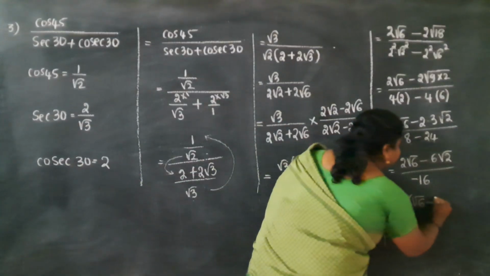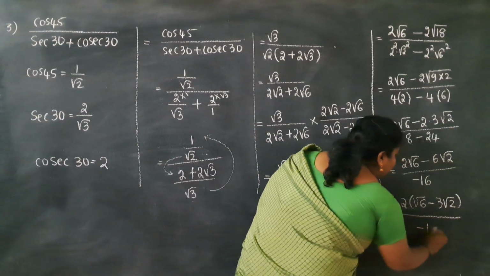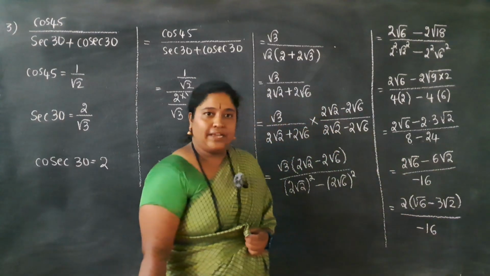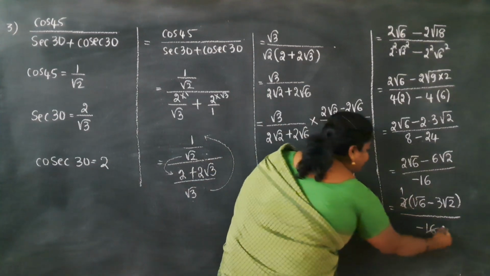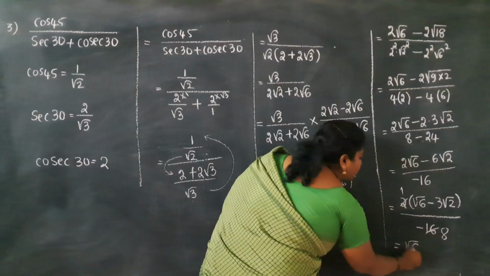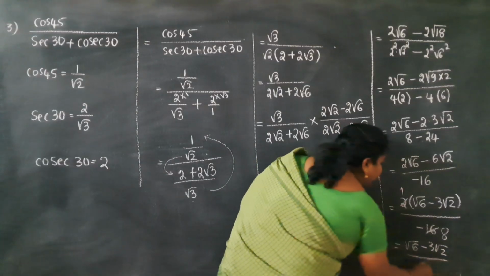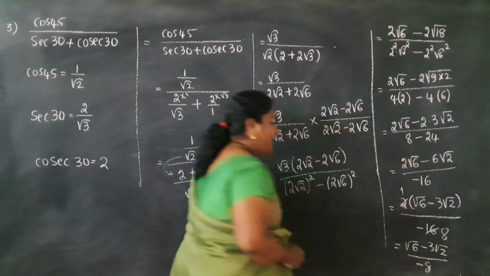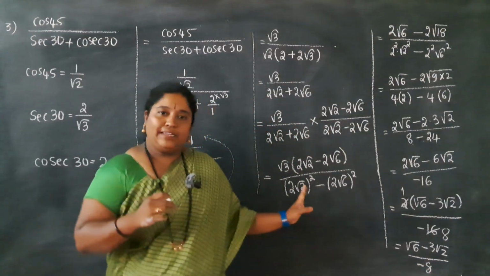Fine, I'll be having here 3 root 2 whole divided by minus 16, isn't it? So now 2 1s are 2, 2 8s are 16. So what is the final answer I'll be having, dears? Root 6 minus 3 root 2 divided by minus 8.